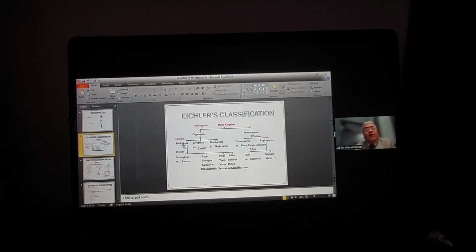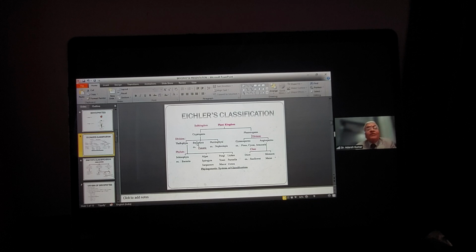This placement of the five divisions is as per the phylogeny. It means the most primitive group is the thallophytes, from which evolved the bryophytes and then pteridophytes. My talk is based on the Archegoniate, that is, the bryophytes and the pteridophytes.